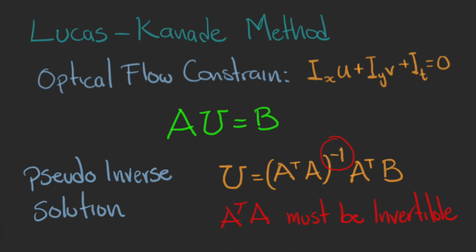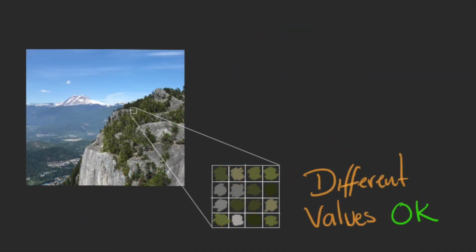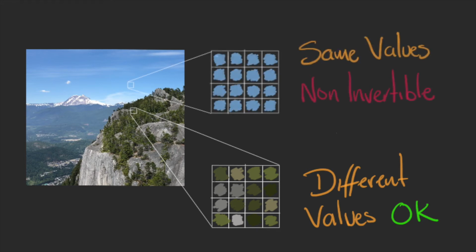In practice, this means that the pixel values within the window have to be rich, have texture, and be variable. If all the values within the window are similar, A transpose A will be rank deficient, and your program will complain. There's not much that we can do here.